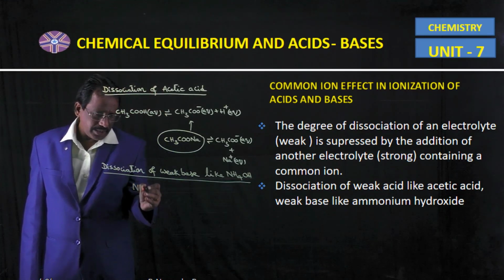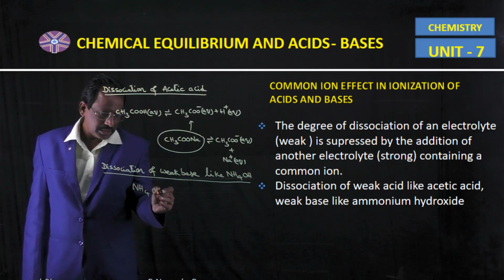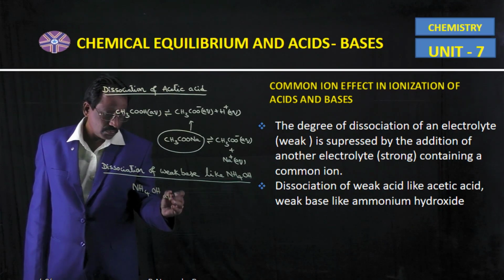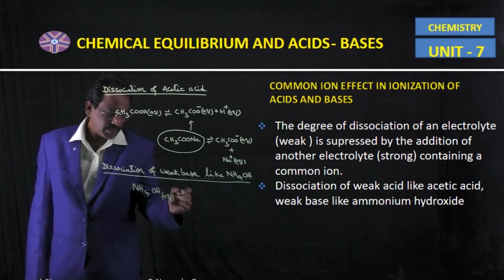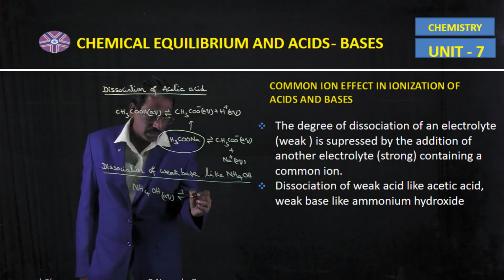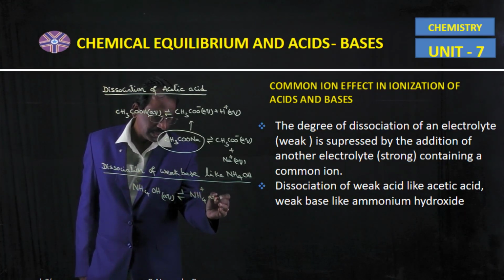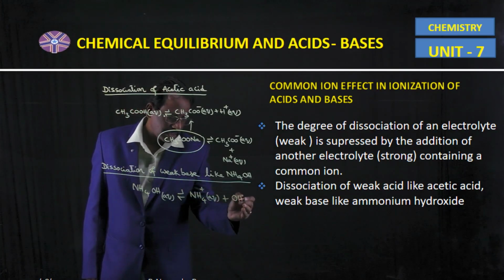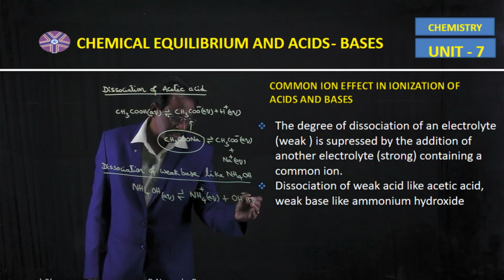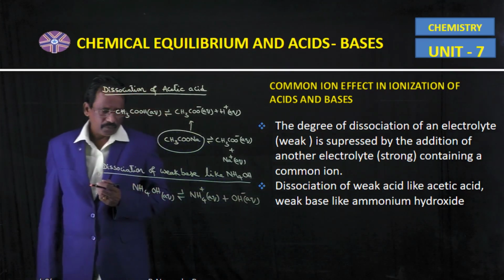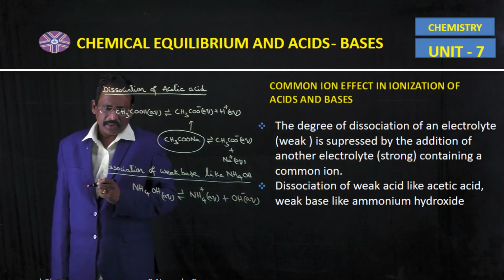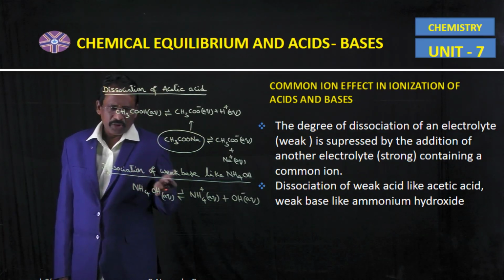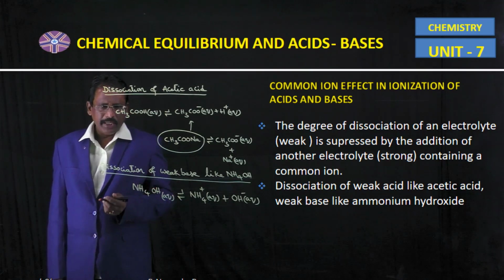Ammonium hydroxide weakly dissociates into NH4 plus in aqueous state and OH minus ion in aqueous state. This is a weak base.